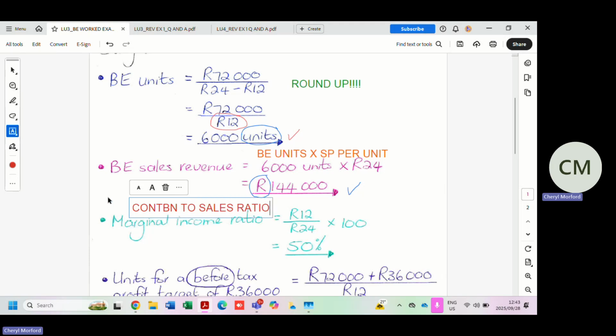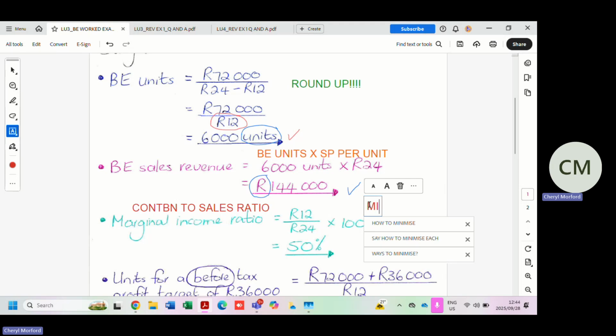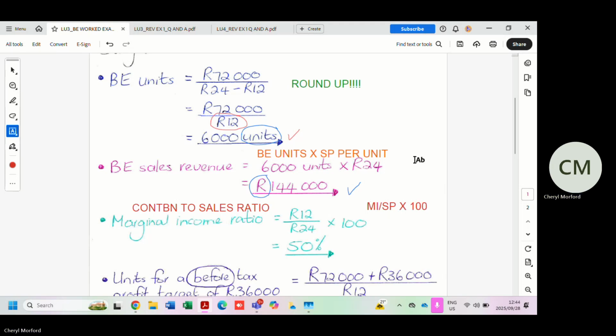Because remember, contribution and marginal income mean the same thing. So all we're going to do here is we're going to take our contribution of 12 Rand and find it as a percentage. This is the difference of the selling price. So if we're wanting a formula over here, it's going to be our marginal income or contribution margin divided by selling price times 100. That will give us your marginal income ratio.